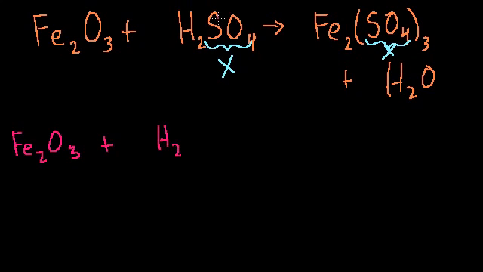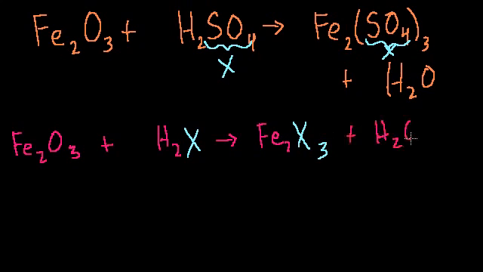There's only one sulfate group here, so H2X, yields this molecule with 2 irons, and it has 3 of these sulfate groups, plus water. All I did is replace the sulfate with an X, and now we can treat that X like an atom, and we can just balance the equation.